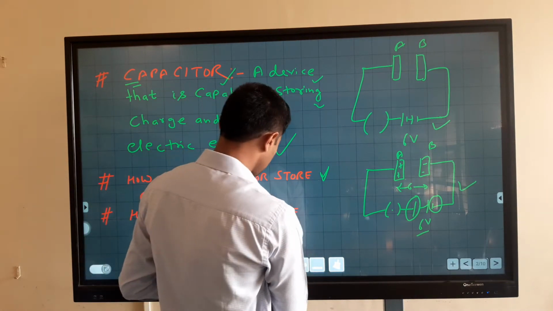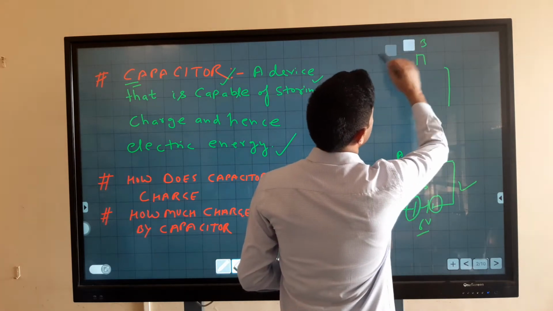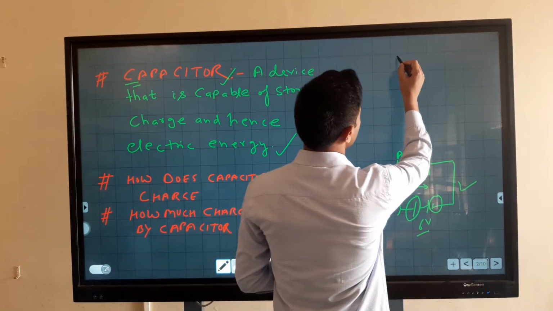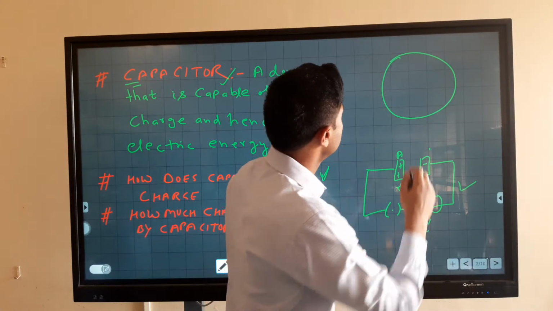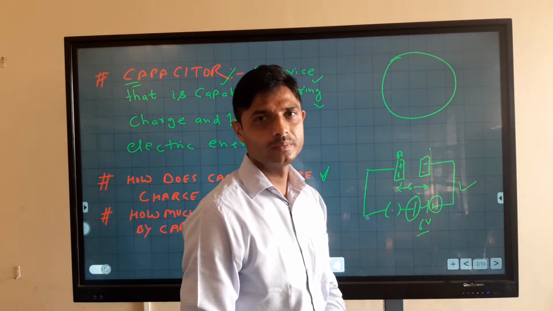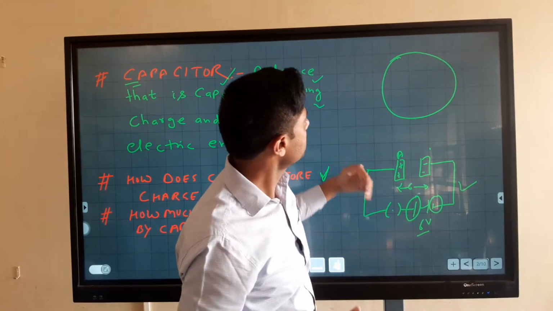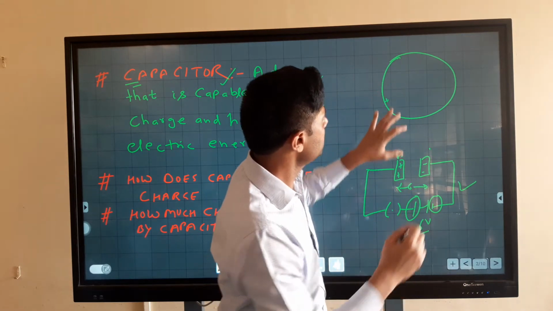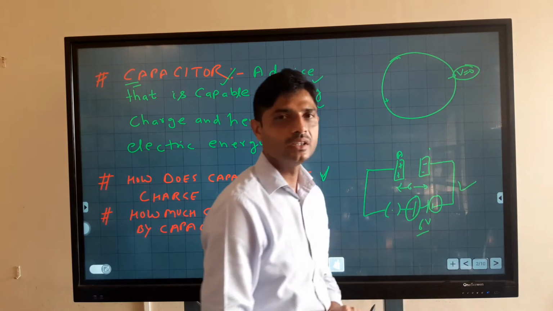Now we can take another example. If this is a metallic sphere and we want to charge it, then we have to do work to transfer some charge to this sphere. Initially the voltage of this sphere is 0.